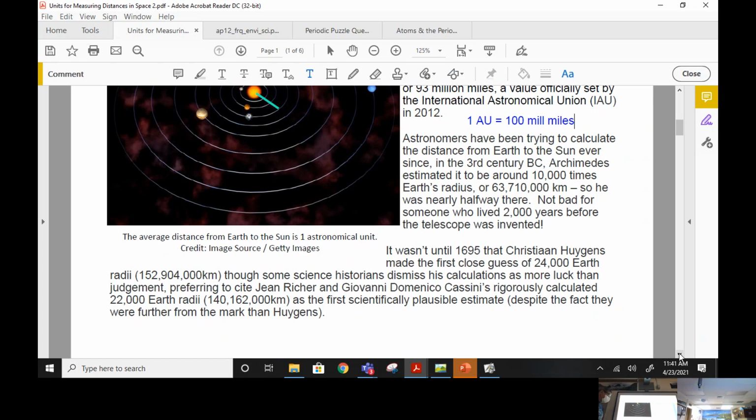Some science historians dismiss his calculations as more luck than judgment, preferring to cite John Reacher and Giovanni Cassini's rigorously calculated 22,000 Earth radii, 140 million kilometers. And they think this was the first scientifically plausible estimate, even though they weren't quite as close as Huygens. But both of these guys were commemorated in the names of the spacecraft that went to Saturn.